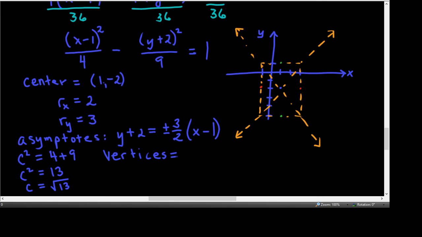To decide whether you're going to go up and down or left and right, what variable is in the positive fraction? Well, that's x, which means we're going to move in the x direction to get to the vertices. So this red dot is a vertex, and this red dot is a vertex.